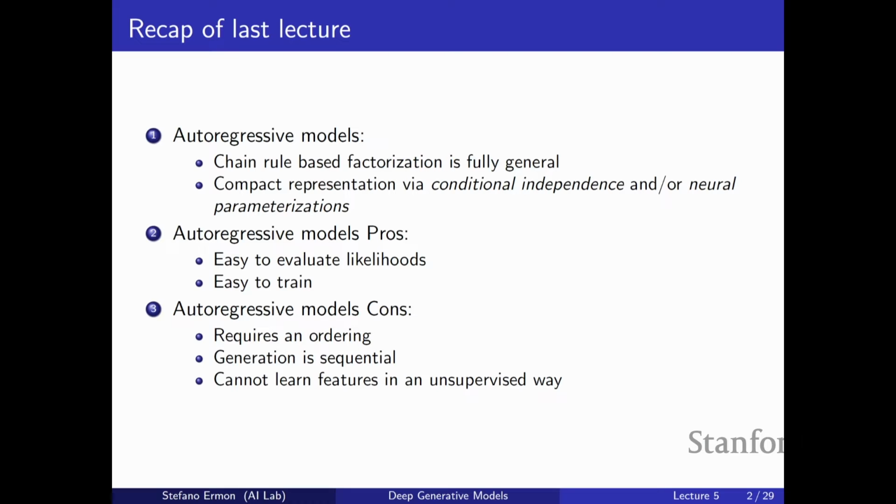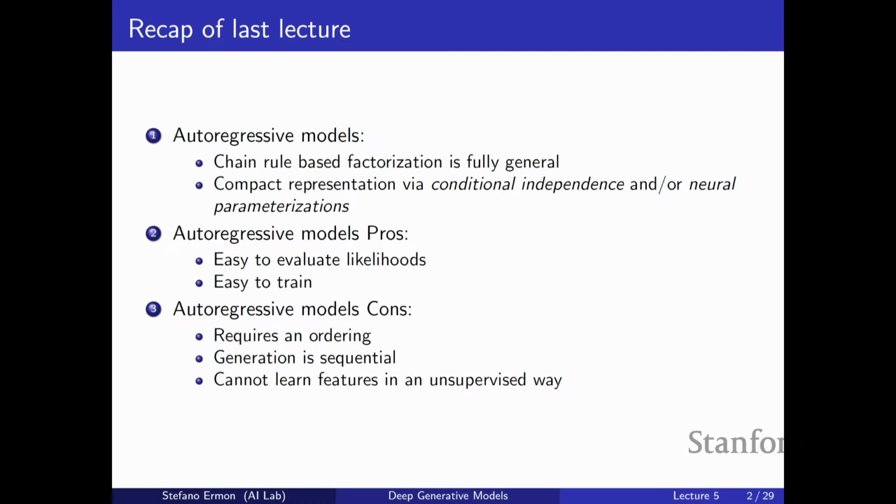And what this means is that you can train them by maximum likelihood. You have a training data set, you can evaluate the probability assigned by your model to the data, and you can optimize the parameters of your probability distribution to maximize the probability of the data set you're given. And you can use the likelihood to do other things, like, for example, anomaly detection.